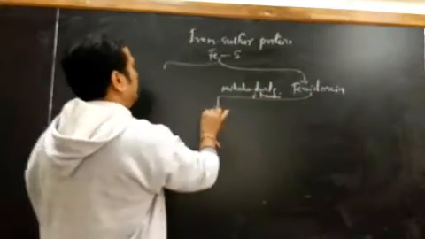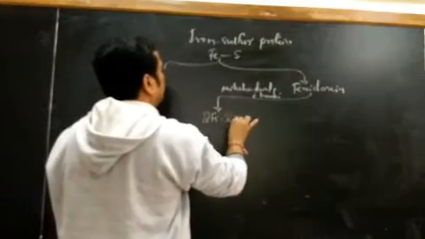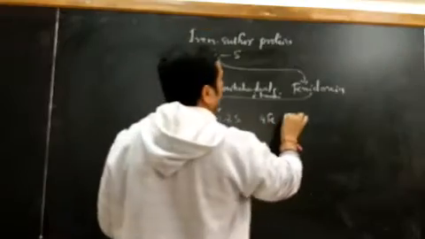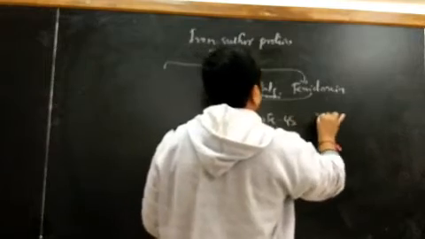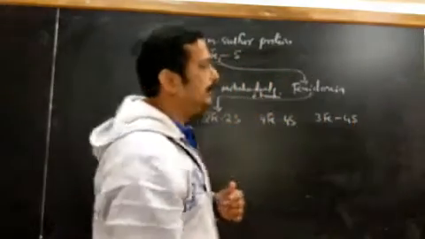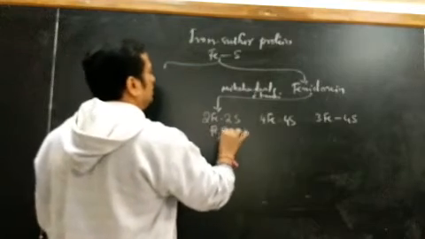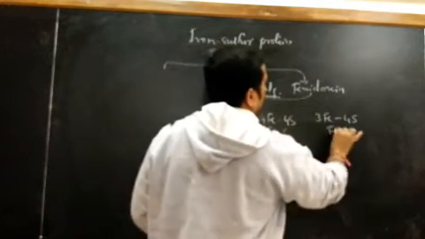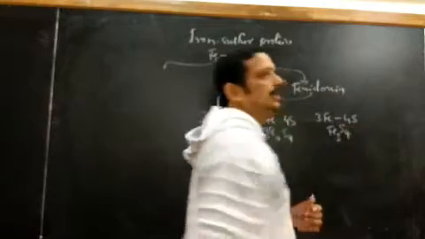They are of different types like 2Fe-2S, 4Fe-4S, or 3Fe-4S, also written as Fe2S2, Fe4S4, Fe3S4 protein.